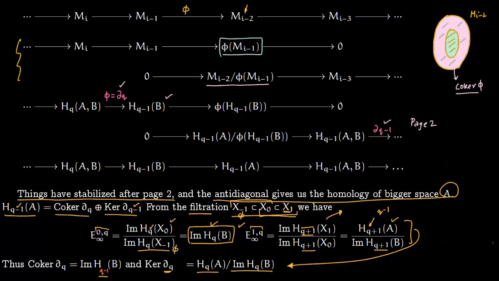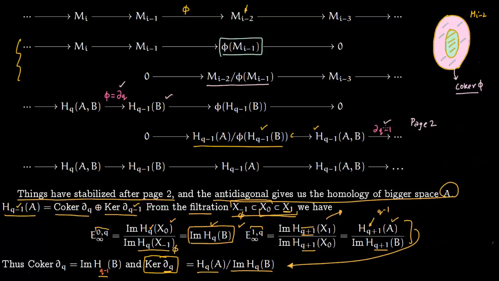Now to make this sequence exact, we already have this map. You have to put the kernel right here. For any sequence going on like this, you have to make exactness here. You have to put the kernel here. So this we are saying is the kernel of delta q minus 1. And this kernel, if you put q minus 1 here, is precisely the kernel of delta q that is given to us.